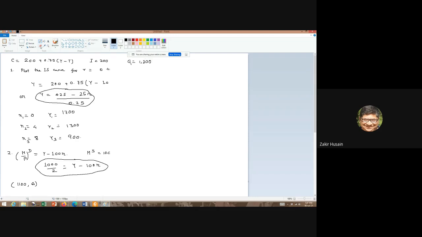Sorry, it's my mistake. So two questions. What will be the new IS curve? You have to plot it, but there's no need to plot it. Just find out the equation and what is the new equilibrium interest rate.